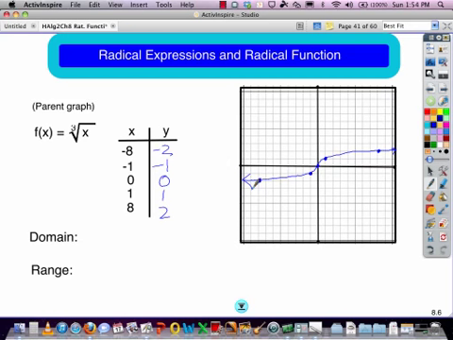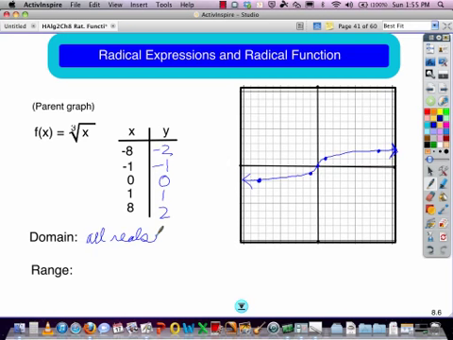So now, again, look left to right for your domain. What are the possible x values that we have graphed to include this cube root graph? All right, looks like we've got lots of positive numbers, lots of negative numbers. So I'm going to say all reals, not just whole, not just fractions.